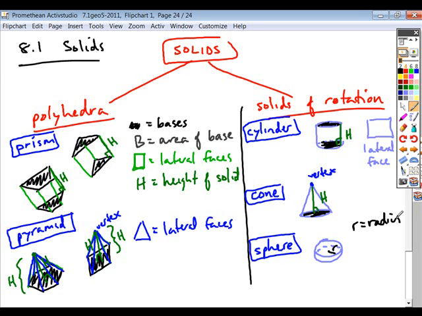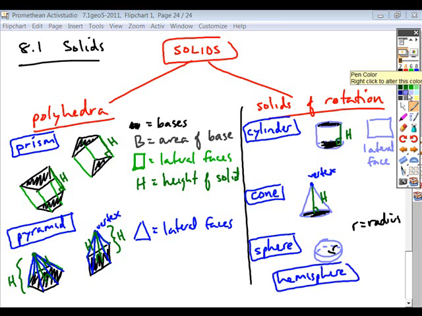As a reminder, a cylinder is created by taking a rectangle and spinning it around an axis of symmetry. A cone is a right triangle spinning around an axis of symmetry. And then a sphere is a semicircle spinning around an axis of symmetry. And in addition to these, there is kind of an offshoot of a sphere, and that is a hemisphere.